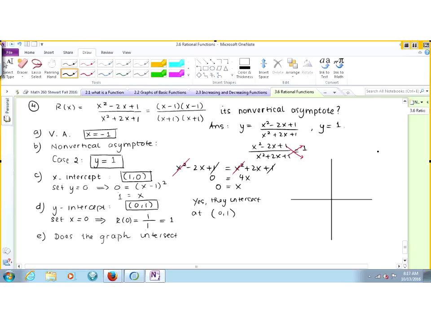Alright, so let's graph these. Hopefully it fits here. So 1, 2, 3, 4, 5.